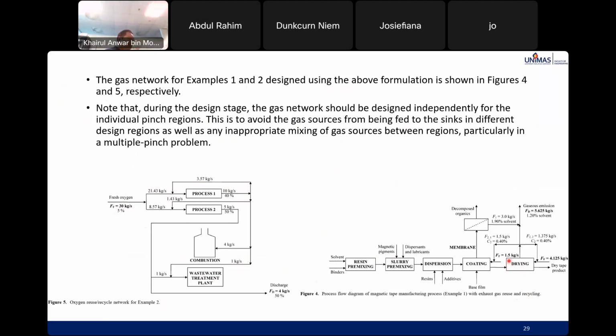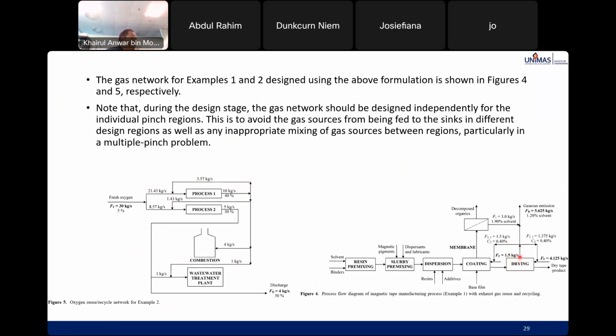So the pinch occurs at drying. How do you know? You can refer back to table 1 and table 3. In table 3, it happened at concentration 0.4%, which falls under gas source 2, stream 2 for drying 0.6. So meaning it happened here.